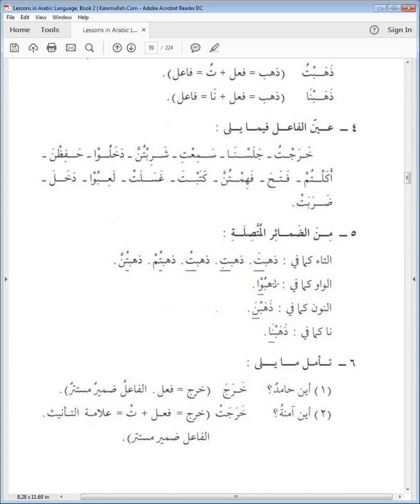So in this case, it's understood who is being referred to, because of the context in which the word comes. However, if you just come up to somebody in the street and say, Dhahaba ila al-mudir, you have no context. Who went to the principal? You don't know. That would be nonsense. So you can't use it like that. You use it in a context where it's understood where they're coming from, right?